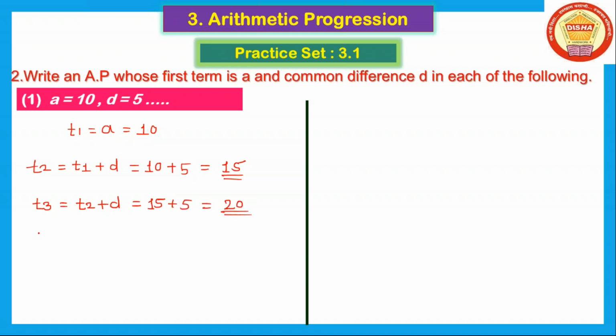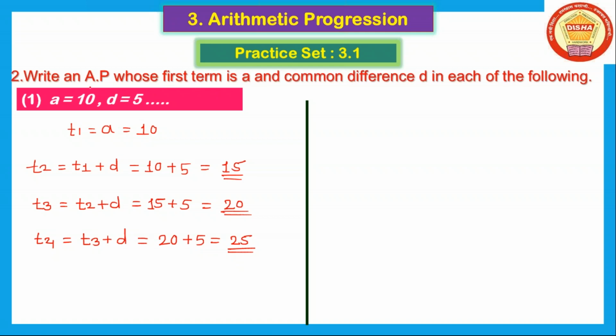Then we find T4, which is equal to T3 plus D. T3 is 20, 20 plus 5 is equal to 25. So the first term is 10, the second term is 15, the third term is 20 and the fourth term is 25.